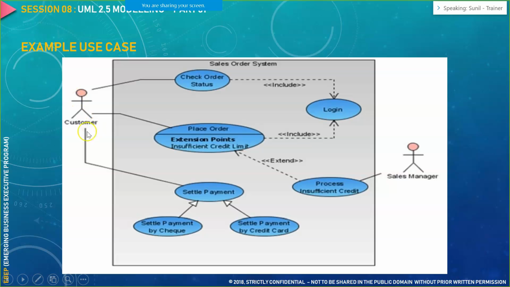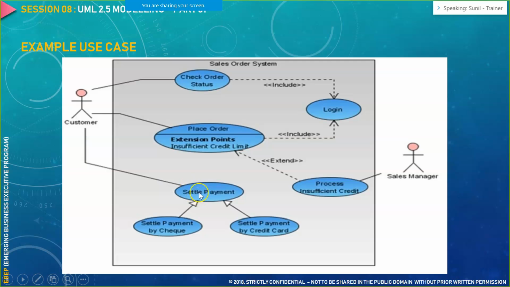Now when we see this system from the customer perspective, what functionalities can a customer perform in the sales order system? He can check order status. In order to check the order status, he has to first log in to the system. That is the reason why check order status has an include relationship with login. Until he logs into the system, he won't be able to check his order.